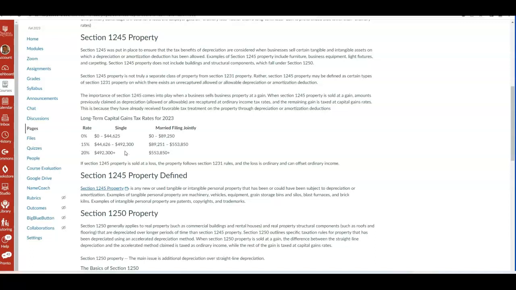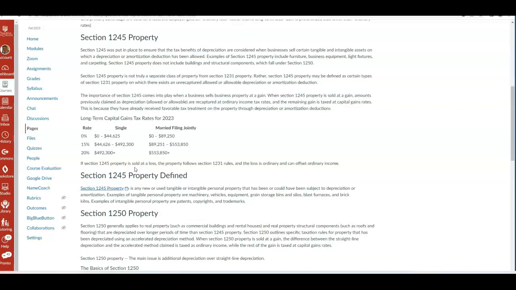If you are married, anything above 89,000 will fall into the 15% tax bracket. However, if your income as a single is more than 492,000, then you start paying the 20% capital gain rate. And if you're married filing jointly, that will be 553,000.